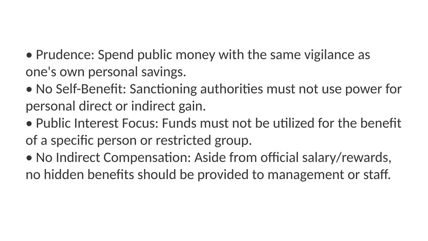Second, the person sanctioning the expenditure must not use their power to create an order that directly or indirectly benefits themselves. Third, funds must not be used to benefit a specific person or a small group of people. And fourth, apart from the agreed upon salary or rewards, there should be no hidden avenues for management or employees to benefit indirectly.